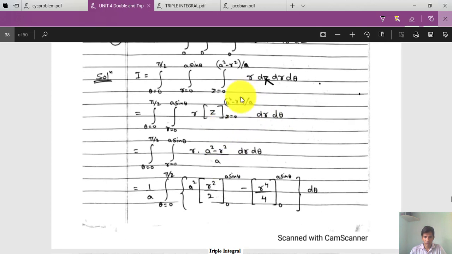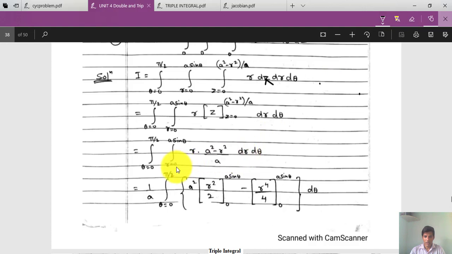So if I substitute the upper limit of z, it becomes a square minus r square divided by a, and if I substitute 0, I do not write it, so this turns out to be my output after evaluating the limiting values.